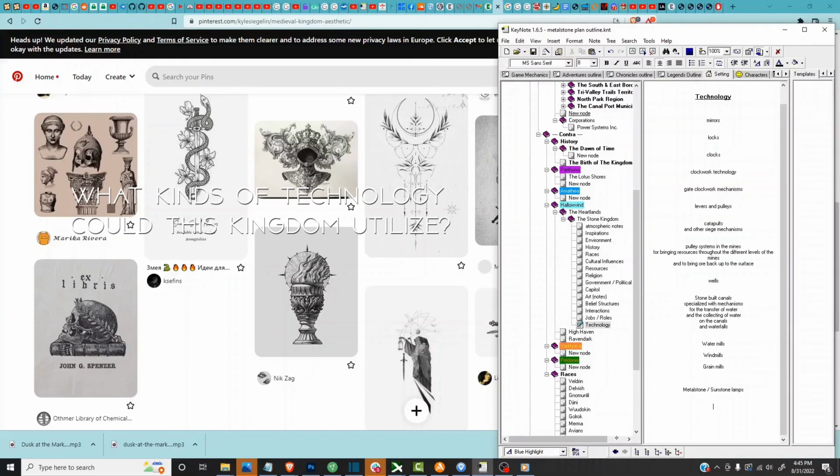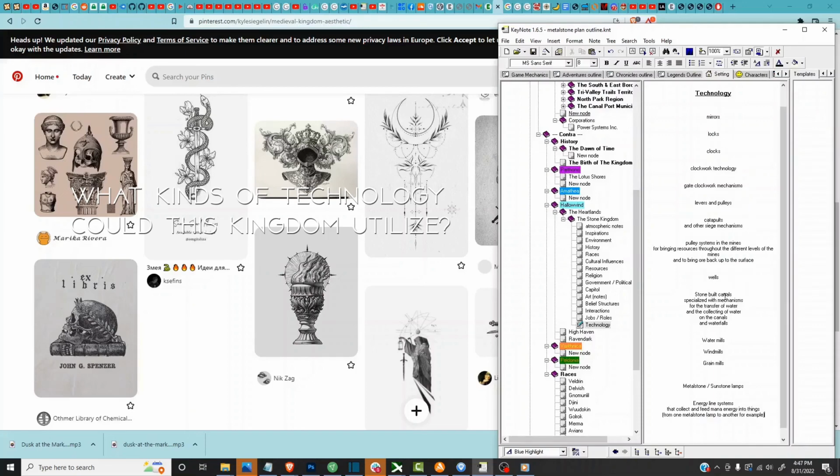So maybe this power line system that they have actually draws mana energy in some sort of way that gives them the energy to power things like these Metalstone lamps. Now later on, as I'm fleshing things out more, if I do put this technology into place in this kingdom, then I'll think of more reasons as to how this technology could be used.